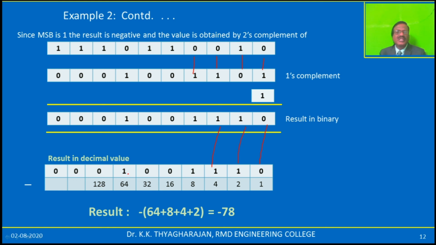Now if you see this, there is 64, 8, 4, then 2. So 64 plus 8 plus 4 plus 2 is equal to 78. Since the MSB bit is 1, you have to put minus here, minus 78.